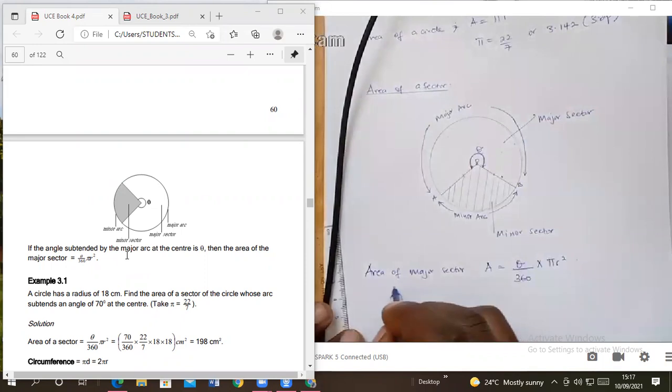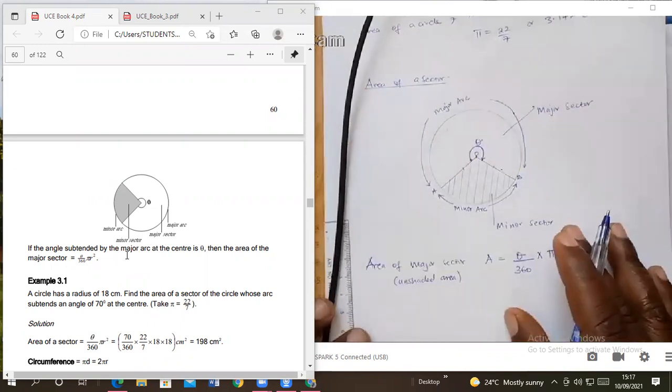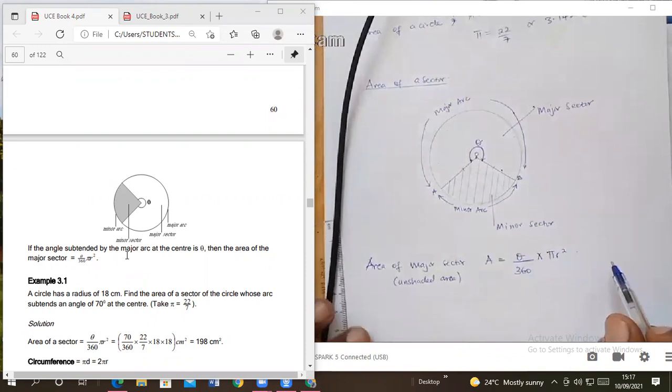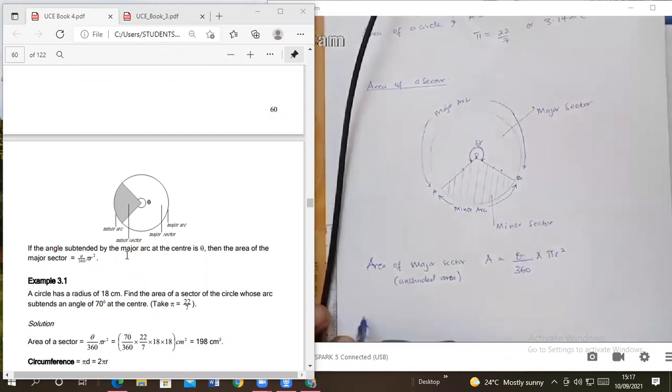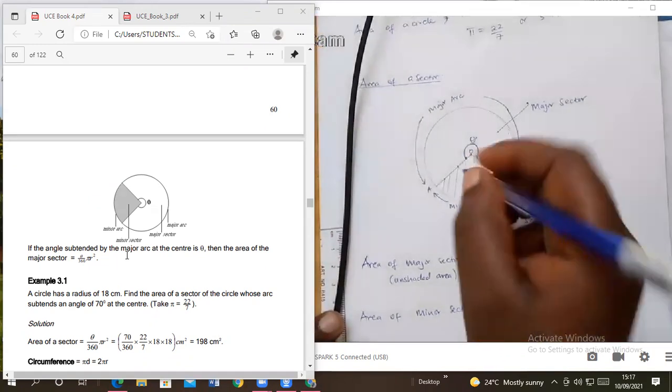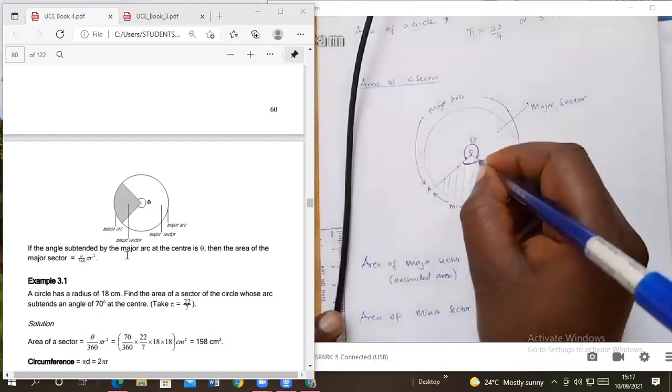That is the unshaded area that you are seeing there. It is the major sector. And if you want to get the area of the minor sector, you have to get this angle here.